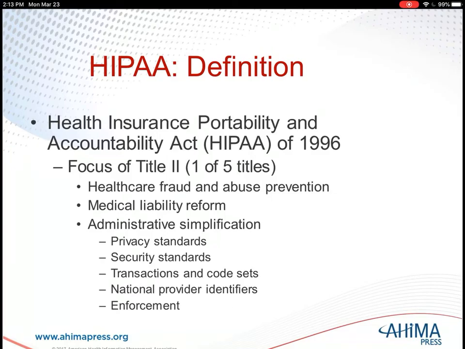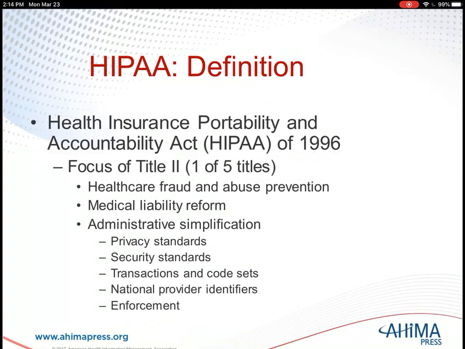And then our second goal is to provide individuals with greater rights to their information. So on one hand, we're limiting the access of information to others, but we're broadening the access of information to the individual.